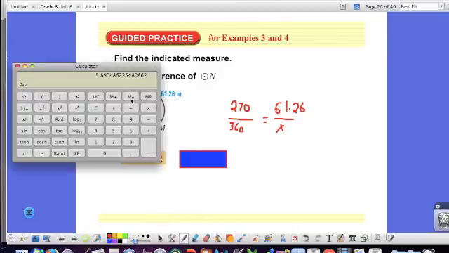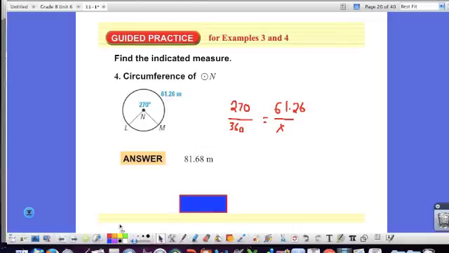So 61.26 times 360 equals, divided by 270 equals about 81.68, which is the total circumference.